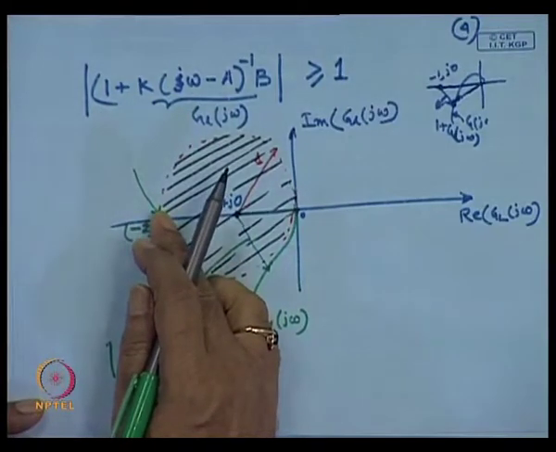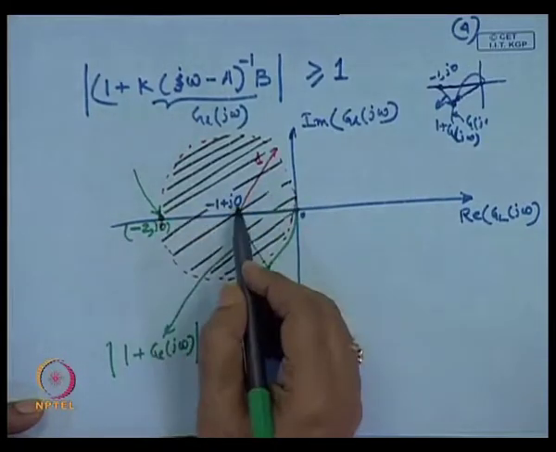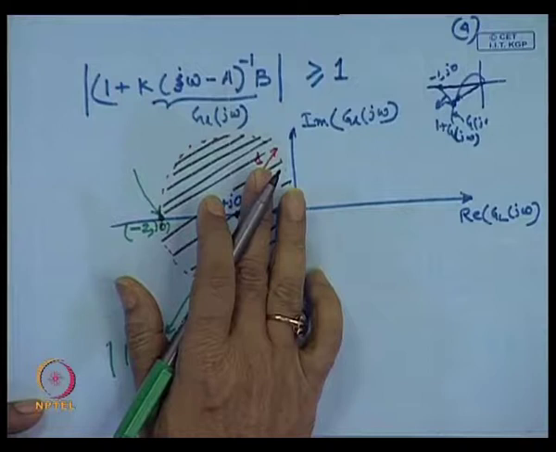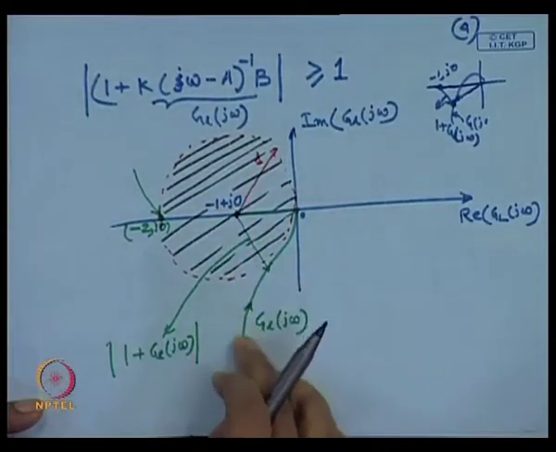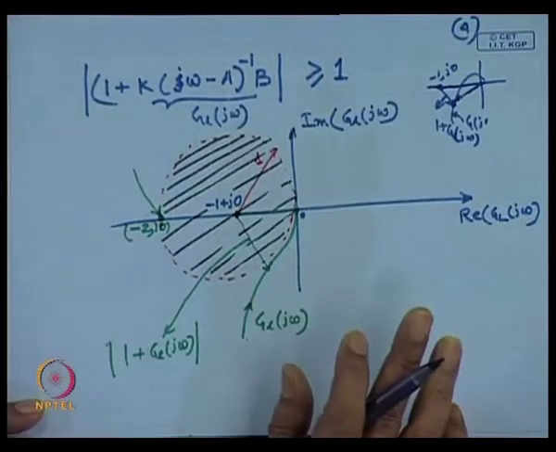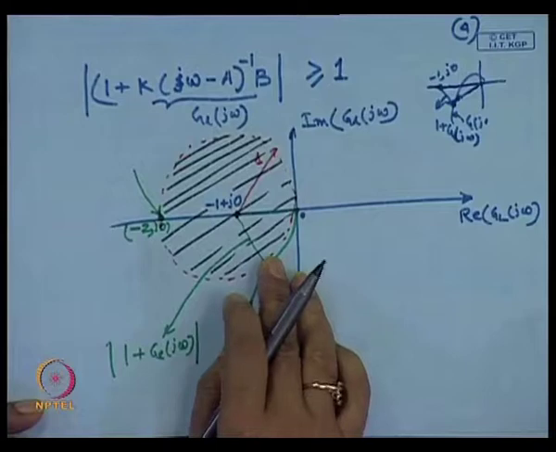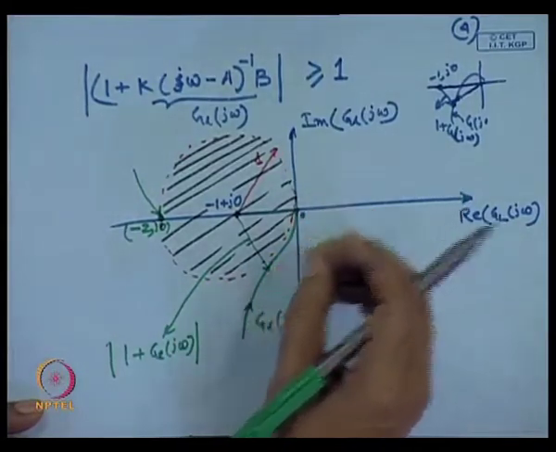So, we can reduce the gain by a factor of half, so that it will touch the minus 1 point. When you are increasing and decreasing the present gain, the phase angle will not change, only the magnitude at different frequencies will change.